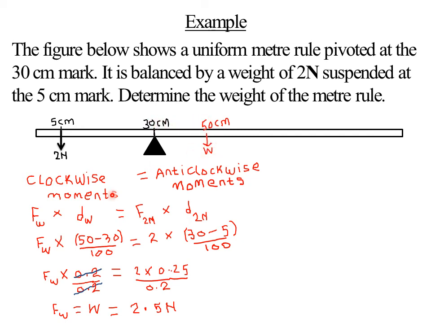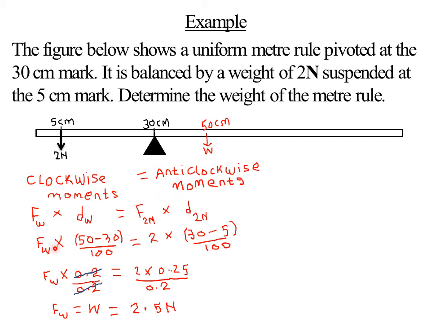So we have F, the force due to the weight, times the perpendicular distance of the weight from the pivot, must be equal to the anti-clockwise moments. We only have this force, because it will cause the bar to move downwards, therefore it is an anti-clockwise moment. So it is its force times its perpendicular distance: the 2 Newton force times the perpendicular distance of the 2 Newton force gives us the anti-clockwise moments.